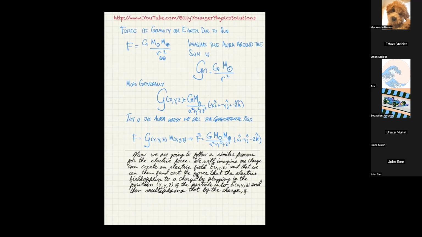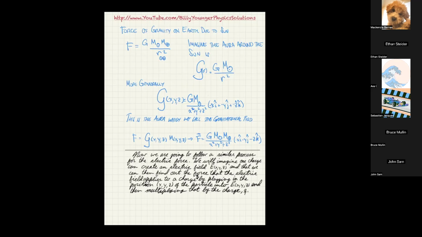So instead of thinking as if some magical force is reaching out across space and grabbing the Earth, even though there's not physically anything touching the two, we imagine that the sun creates a field around it, and I called it an aura, A-U-R-A, which I have no idea if that's the right spelling of that word.